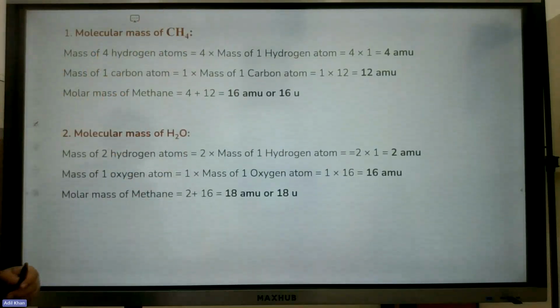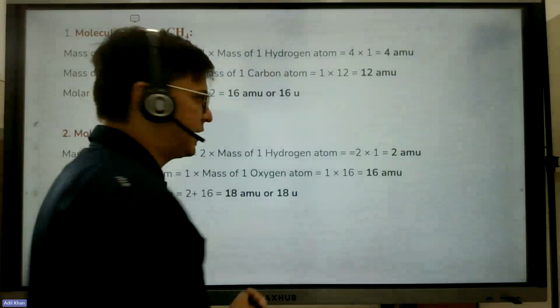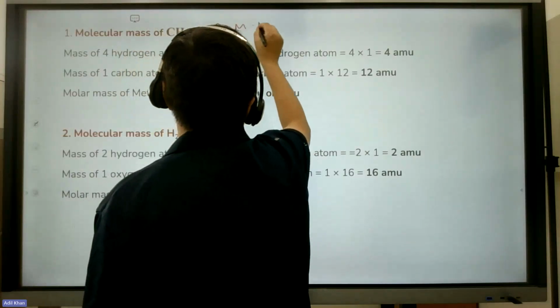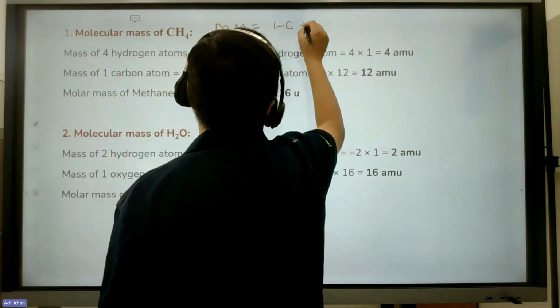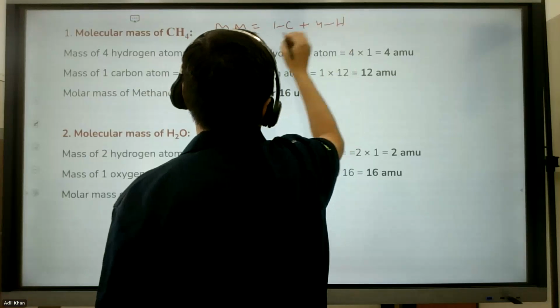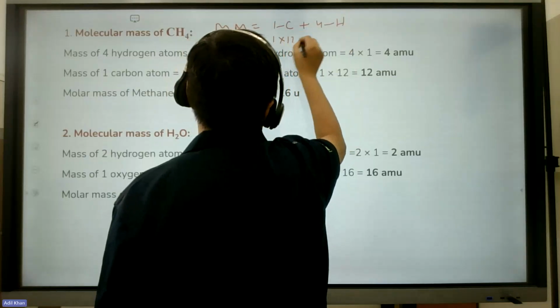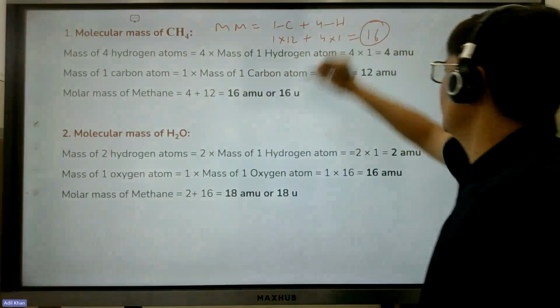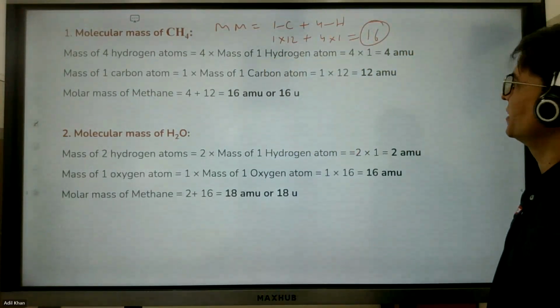Now let's calculate the molecular mass of methane, known as marsh gas. If I calculate the molar mass of this, it is made up of 1 carbon and 4 hydrogen. So carbon is 1 into 12, the mass, and this is 4 into 1. So 12 plus 4 is 16.